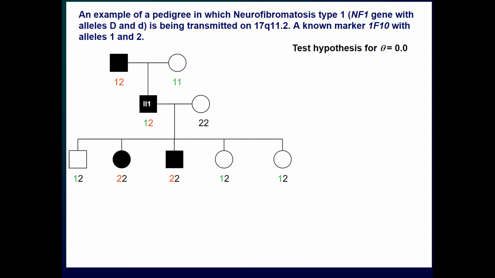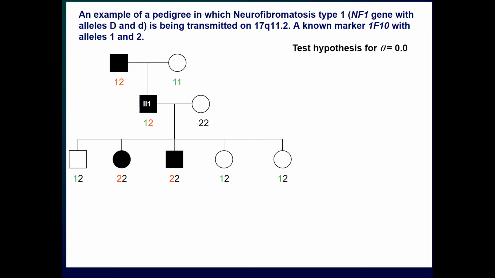Morgan did obtain a very large number of progeny, if you remember the slide that we covered. Here we are only looking at one family, and okay, the observed theta is 0, but it doesn't mean that the same theta will be observed in another family. So we really need to test the hypothesis. So we hypothesize for simplicity that theta equals 0.